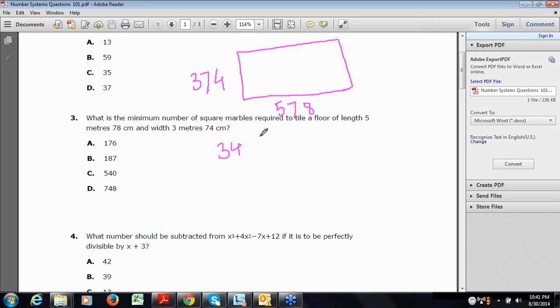So 34 will be the HCF, and what is left is 17 into 11. So 17 into 11 is the number of marbles you need to use, each of 34 cross 34. So 187 marbles will be used. Got it?